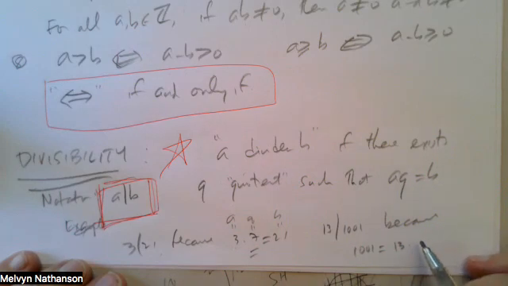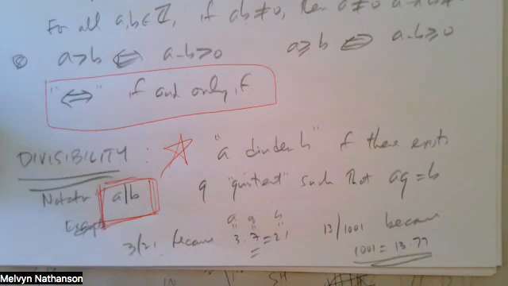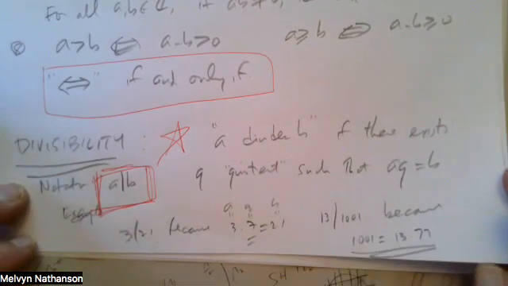I think this is right. You have to check this. 13 times 77 is 1001, so 13 divides 1001. Okay. Any questions about this?